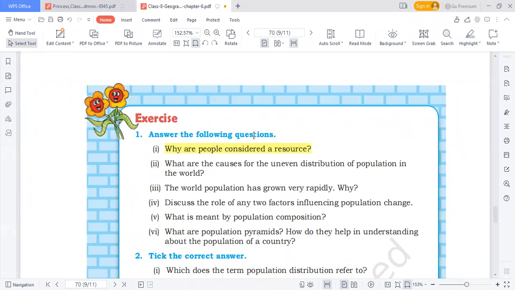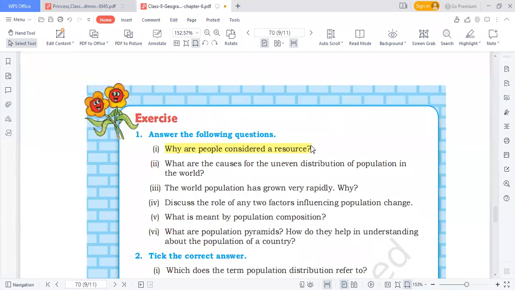Third, availability of a skilled population makes possible changes through which optimum use of resources, optimum means best use of resources, can be possible. Clear?